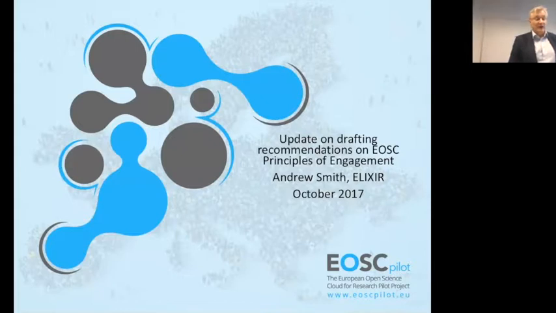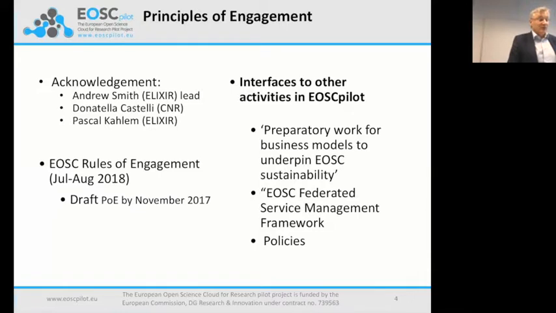What are the various principles that need to be applied and requested? We have a task in this governance work package addressing this, led by Andrew Smith, Elixir, who has prepared some material that I will present for you today. Andrew unfortunately has to excuse himself. But let's take a look and see what we have there.